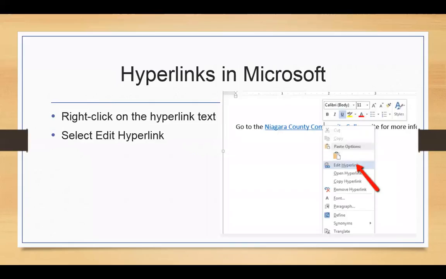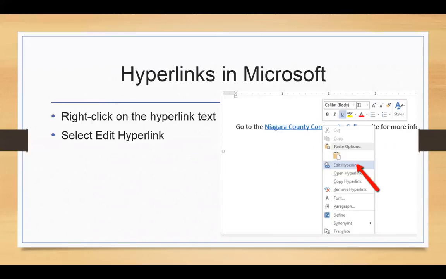All right, now in a Word document, a lot of the Word documents, if you typed in the URL and hit the space bar or hit enter, it automatically creates the link. So if you are going to go in and make it text, then you actually have to go in and add a hyperlink to the text. Okay, the other option is you could put the hyperlink into the document.